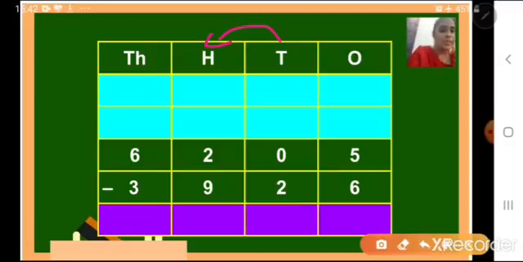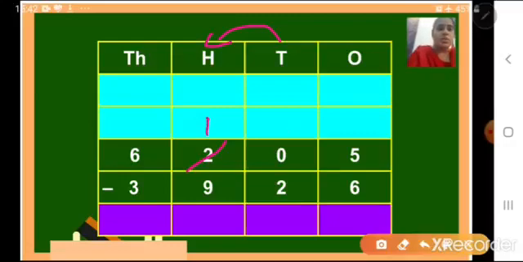100 is how many tens? Right? 100 is 10 tens. Correct? So I will cancel here 2. And how much am I going to cancel? 2 minus 1, because I am taking 100. So 2 minus 1 is 1, that I have to write here.